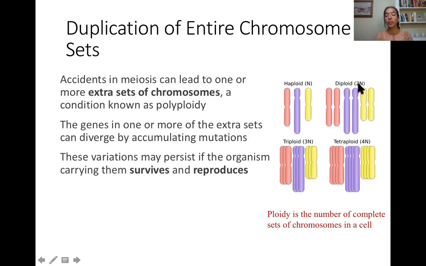In diploid condition, we'll have 2 sets. So we are diploid. Humans are diploid. But there are other species that can accumulate more sets. If they have 3 sets, it will be triploid, 4 tetraploid, and they can keep growing and growing. So a lot of plants can be polyploid, and they can be tetraploid, for example, or hexaploid, that means 6 sets, etc.